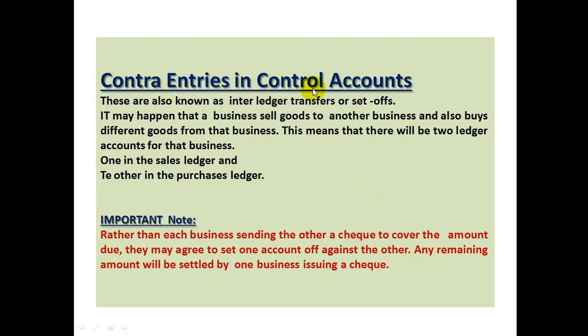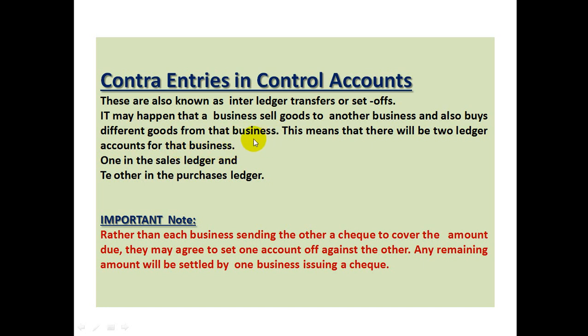Contra entries in control accounts are also very important. These are also known as inter-ledger transfers or set-offs. What does this mean? It may happen that a business sells goods to another business and also buys different goods from that business. This means that there will be two ledger accounts for the same business.